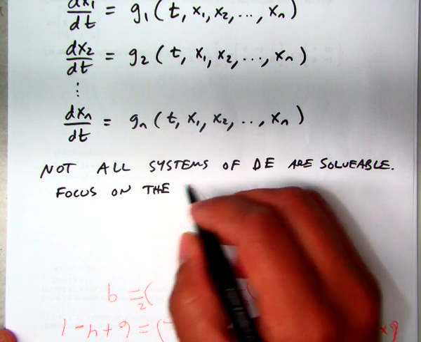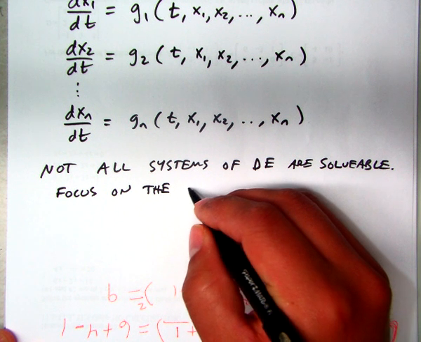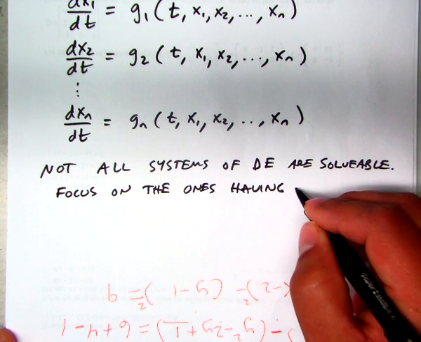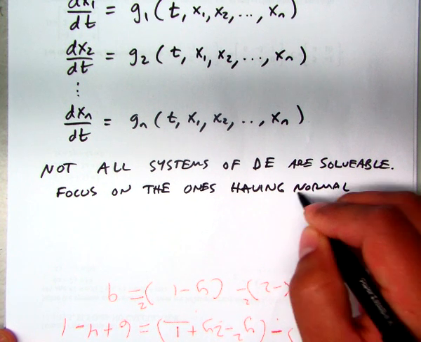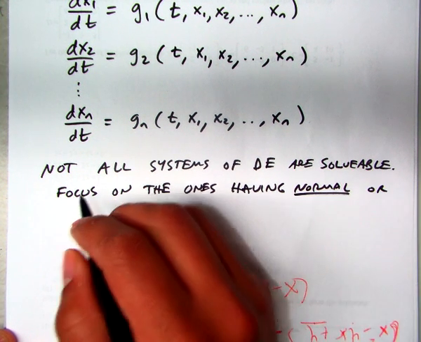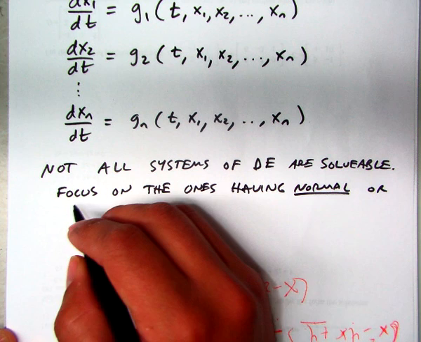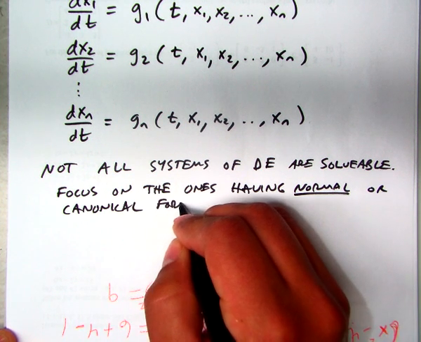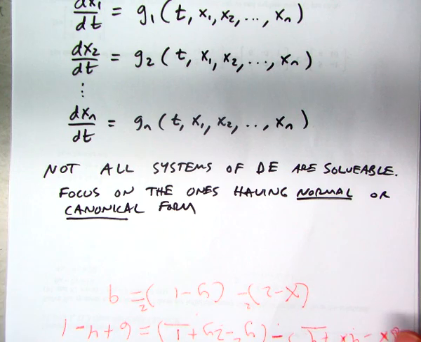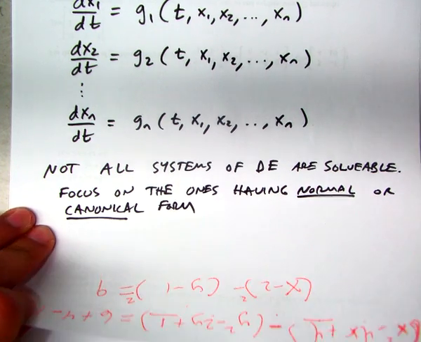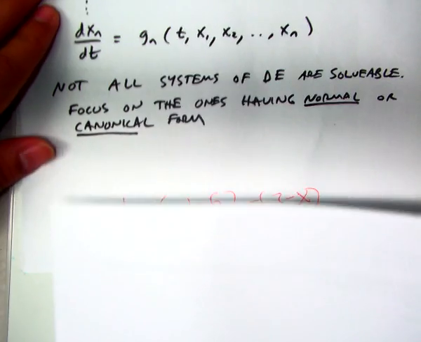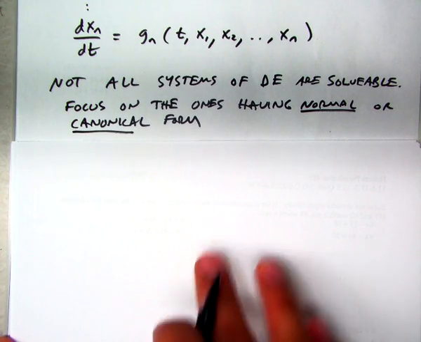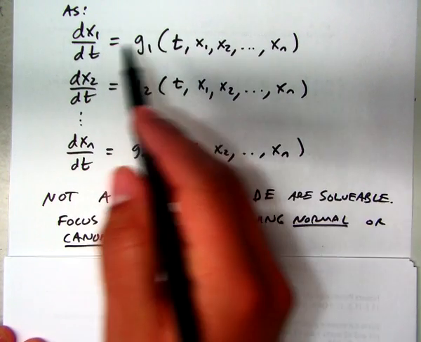So we're going to focus on the ones having what we call normal or canonical form. And this is essentially what we mean by normal form.